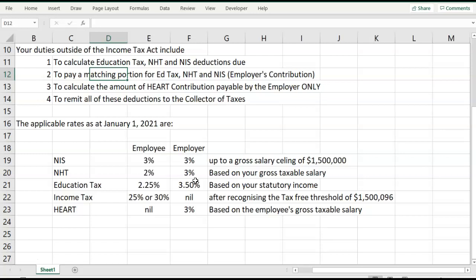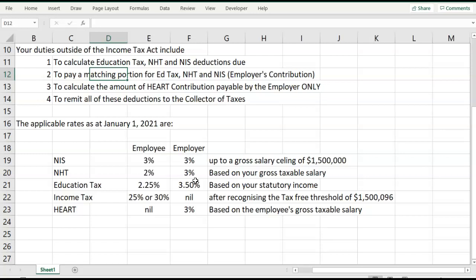For NHT, it's 2% to the employee, 3% to the employer. Education tax, 2.25% to the employee, 3.5% to the employer.